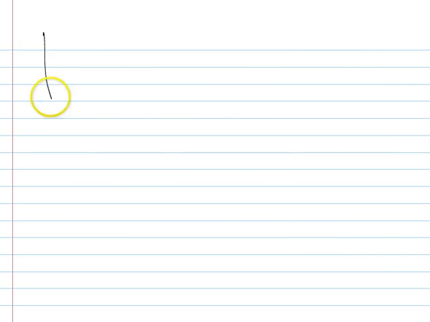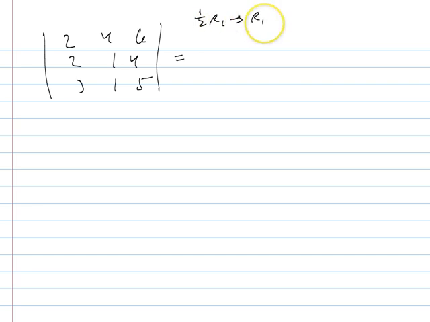On the other hand, if I use any of the other row operations, let's say my matrix was 2, 4, 6, 2, 1, 4, 3, 1, 5, and I decide I really want to make a 0, but it's not easy to make a 0. I'm going to first have to do row operation number 2, half row 1 into row 1.